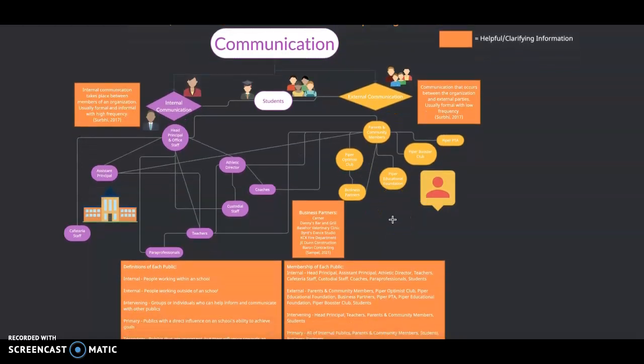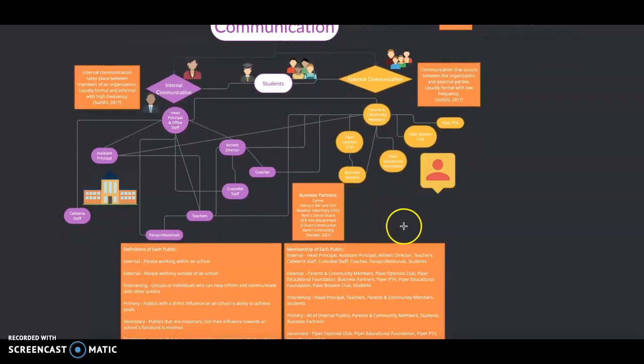So as far as strengths goes with these different communications, we do need to up the frequency, I think, of how we communicate with the external groups. And that said, as you can see in one of the resources, communication usually occurs from the internal to external parties, and that's usually formal and with low frequency.